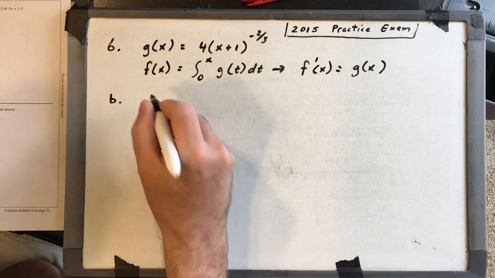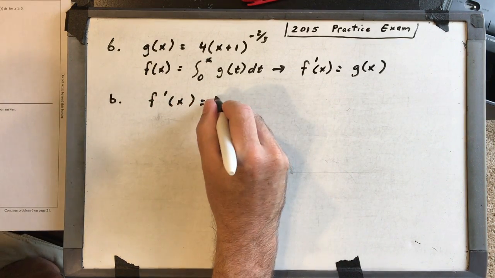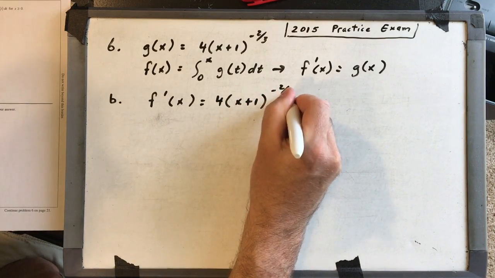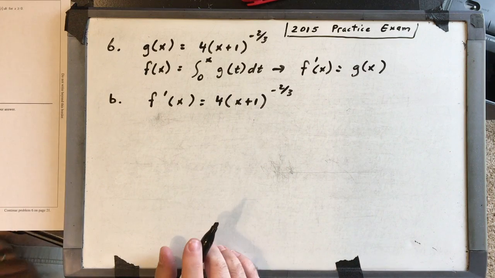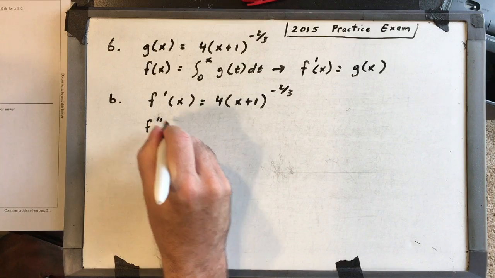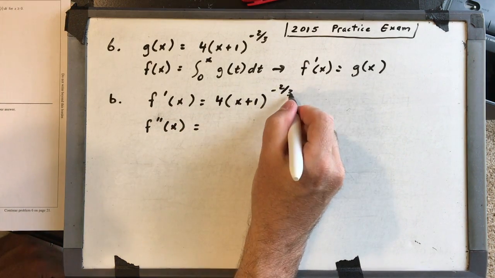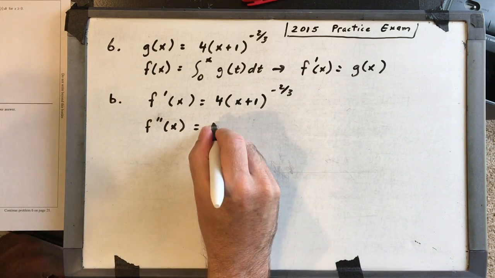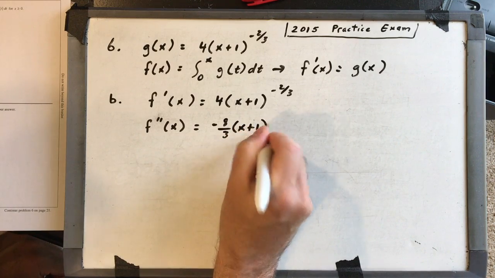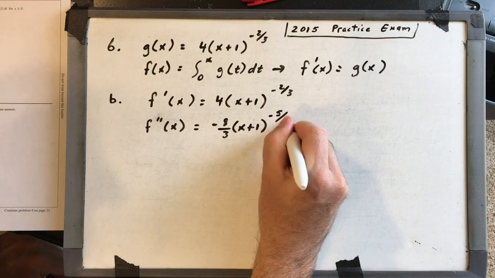We already know that f prime of x is equal to 4 times x plus 1 to the minus 2/3. What do we need to do to get concavity? We need to find the second derivative. So f double prime of x: negative 2/3 times 4, bring that out front, that's negative 8/3, times x plus 1, subtract 3/3, so that would be negative 5/3.